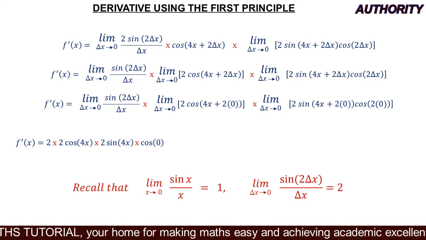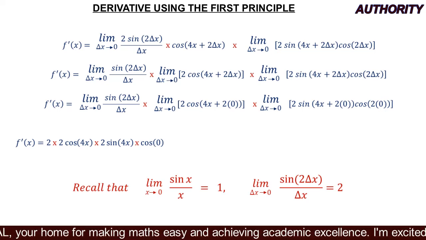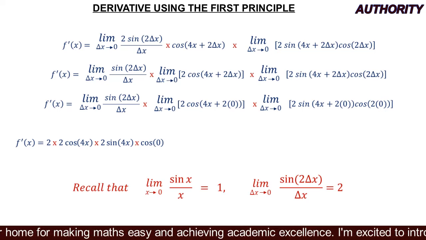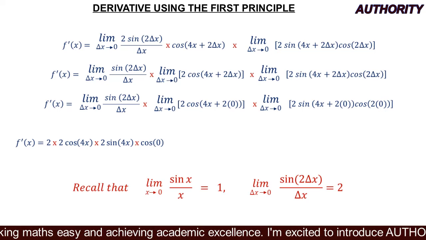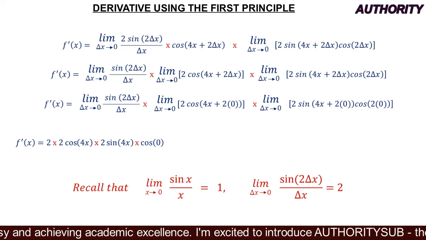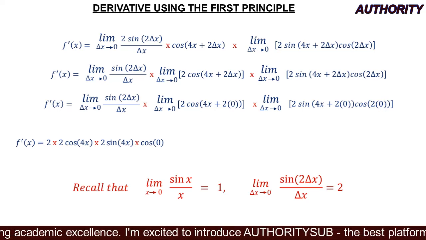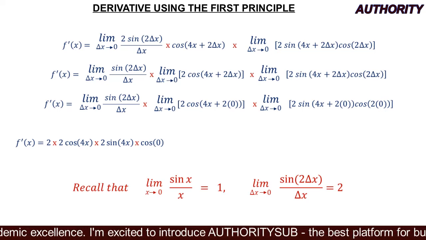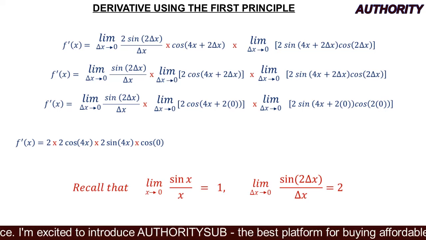Then we have plus 4x plus 0, which is 4x. And then the last part, we have cos 2 times 0 is 0. Cos 0 is what? 1. Here we have 2 multiplied by 2 cos 4x multiplied by 2 sin 4x multiplied by cos 0.